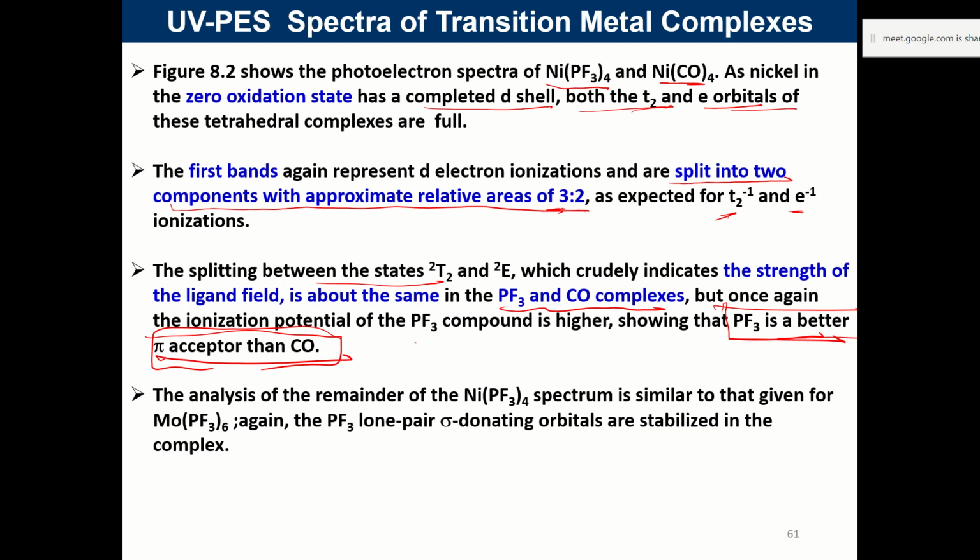So इसका मतलब क्या हुआ, PF3 is more stabilizing, and the difference in strength is attributed to the pi acceptor ability. So this is the evidence again with the second compound, एक molybdenum वाला octahedral में था और ये PF3 का sorry ये tetrahedral complex है.